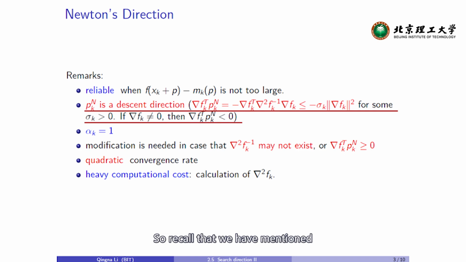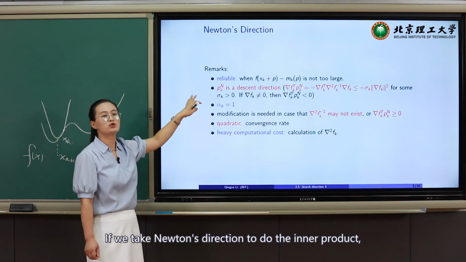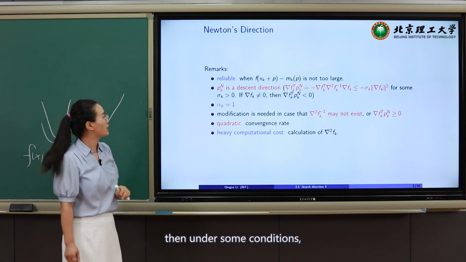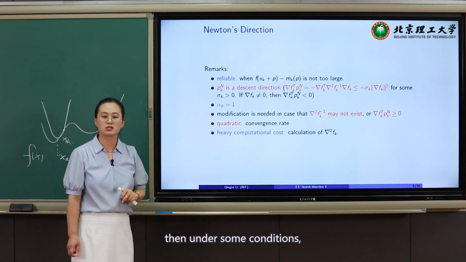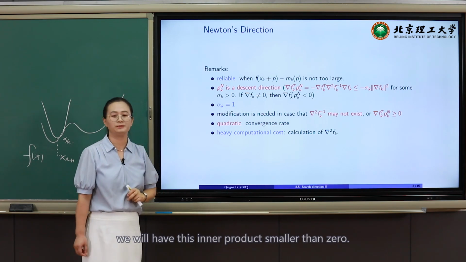The second remark is that Newton's direction is a descent direction under some conditions. Recall that we mentioned what a descent direction is in the previous class. It says that the inner product of the direction with the gradient must be strictly smaller than 0. If we take Newton's direction to do the inner product, then under some conditions, this inner product will be smaller than 0.